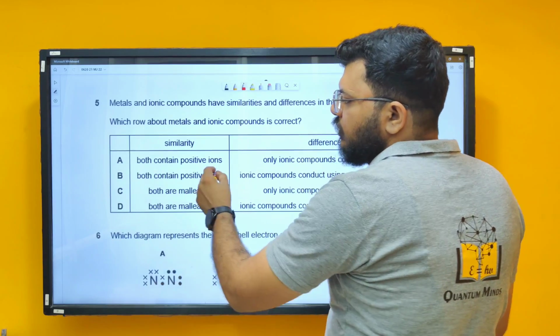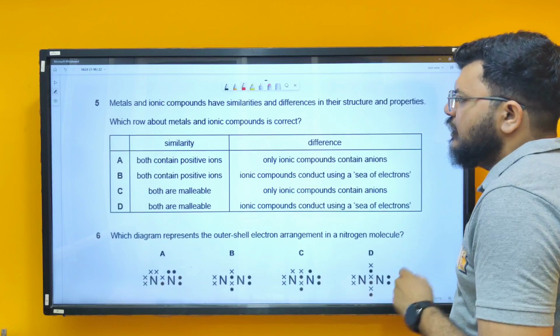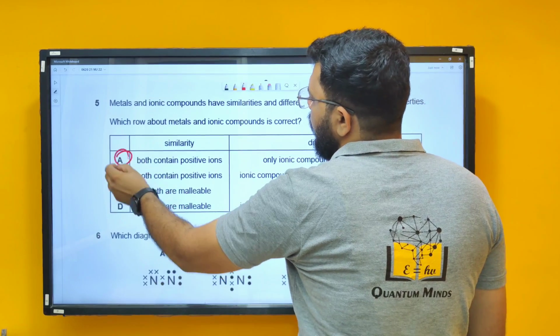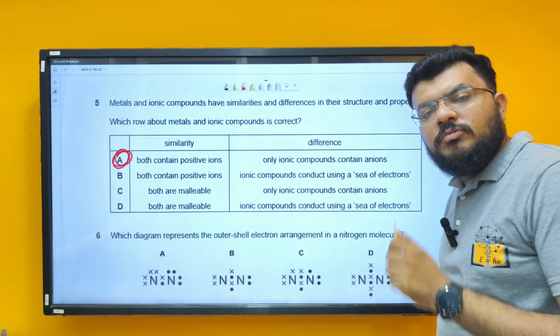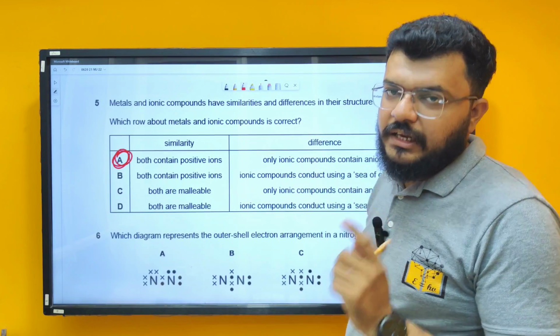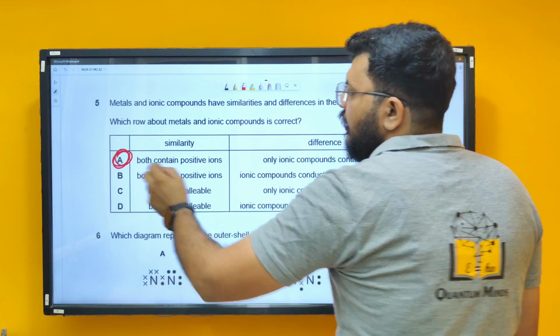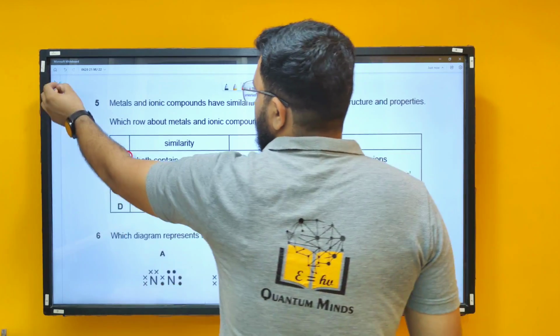So yes, both contain positive ions. Only ionic compounds contain anions, because metals, although they have negative charges, have electrons, not anions. So answer A is your correct answer.